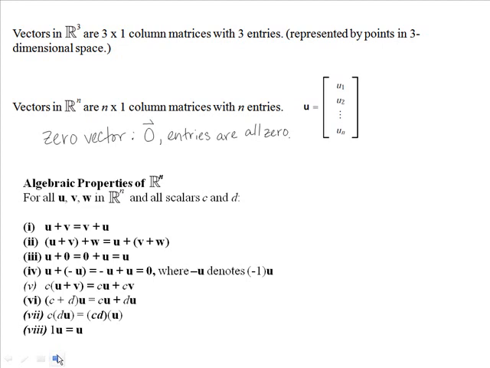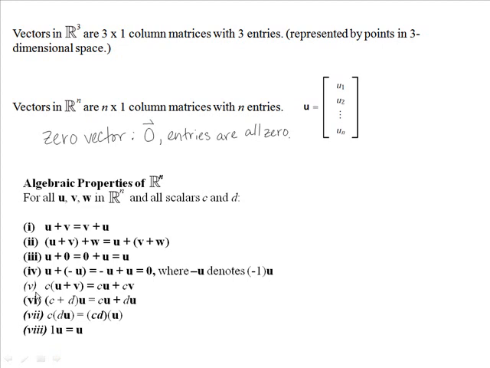So parentheses u plus v, plus w, is equal to u plus parentheses v plus w. And then in our third property here, we can add 0 and it doesn't affect the vector. We end up with the same vector itself. And then if we add a vector plus its opposite, or the negative of that, then we will get the 0 vector, where negative u denotes -1 multiplied by that vector.